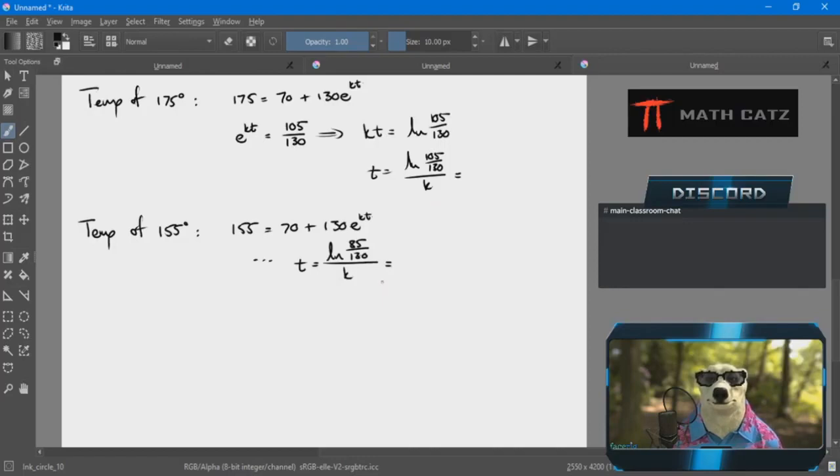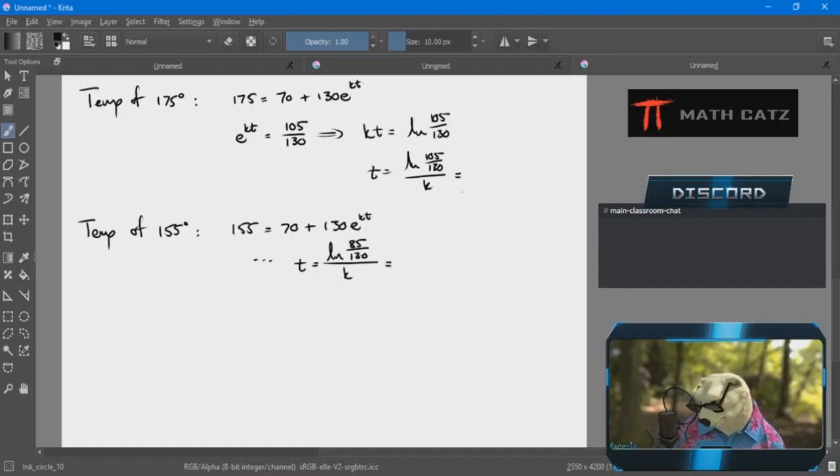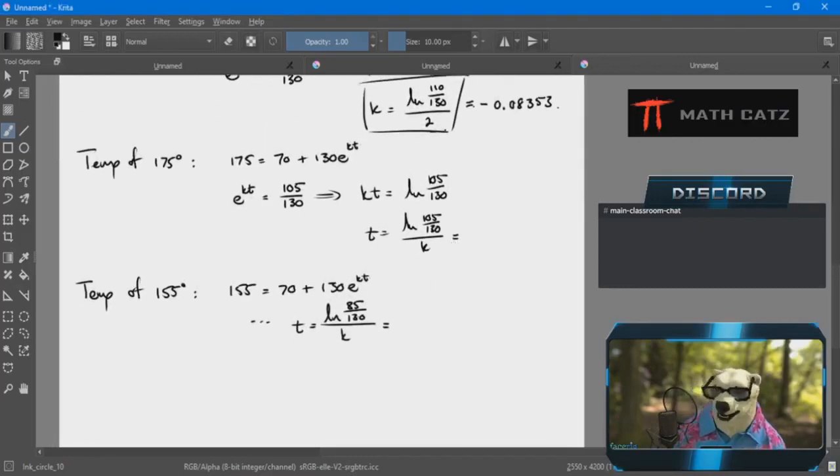So let's see. When can I serve it first? So when is it 175 degrees? So I have the natural log, and I'm typing it in, so feel free to follow with me on your own calculator. I'm going to divide by k, but instead of the rounded version, I am using my k up here.